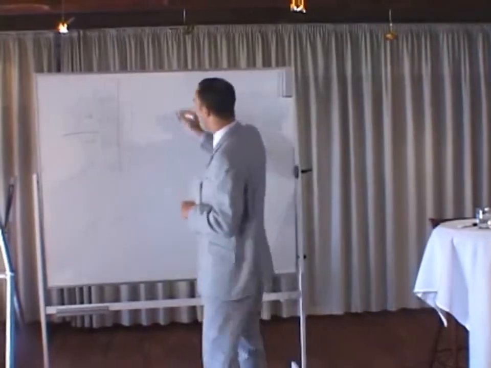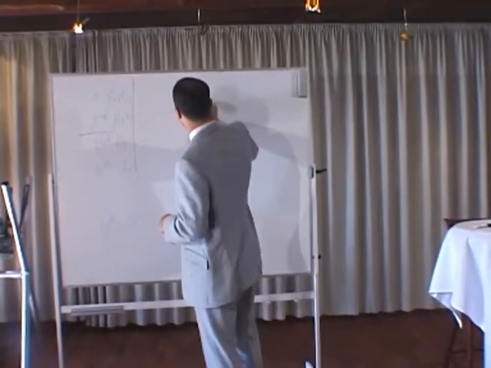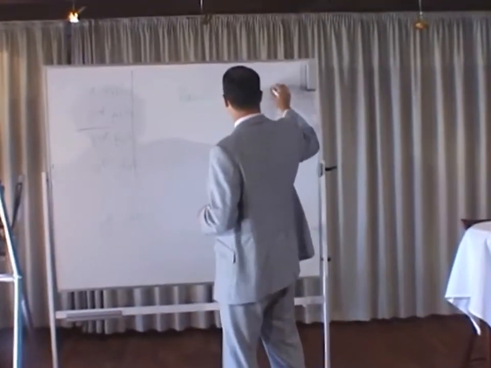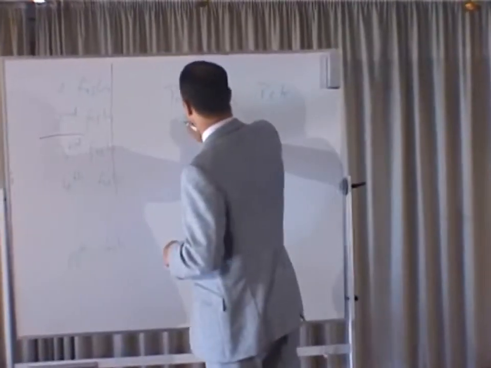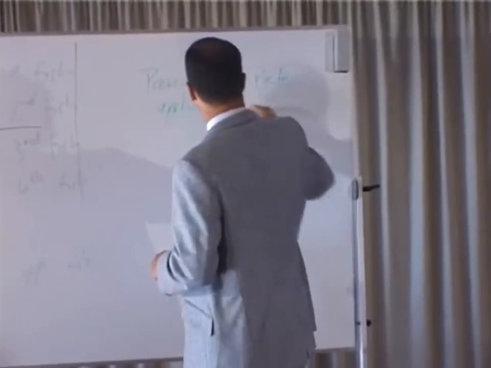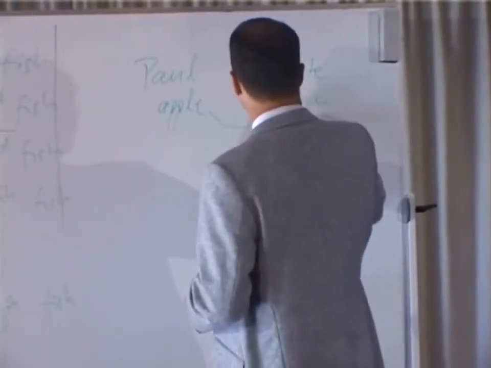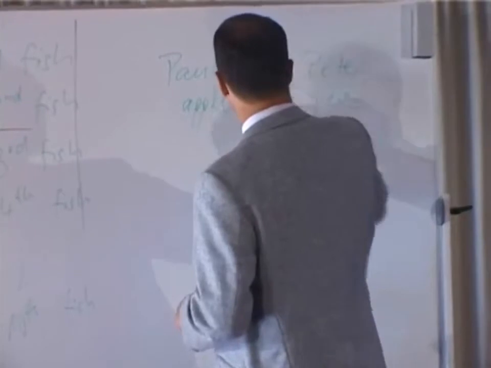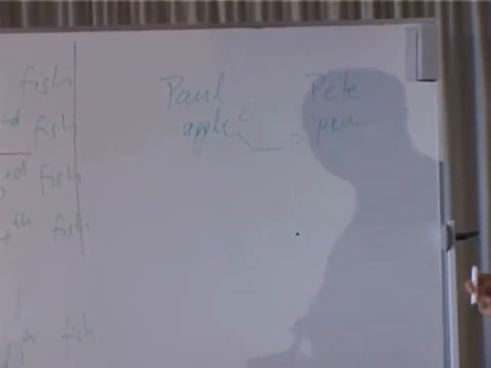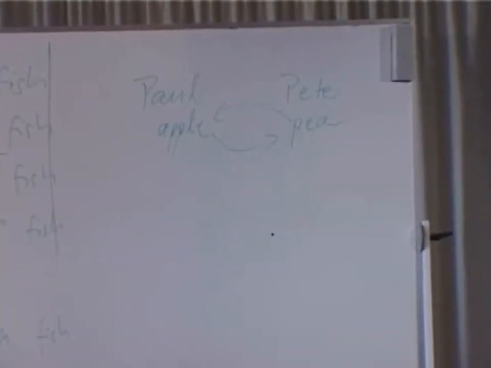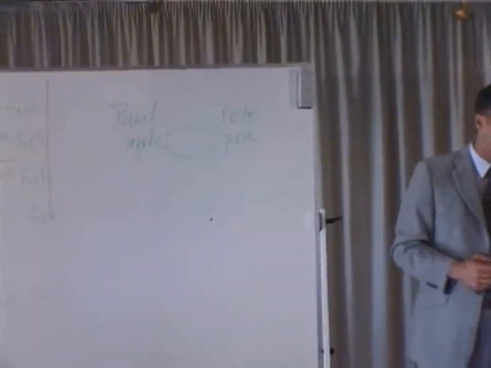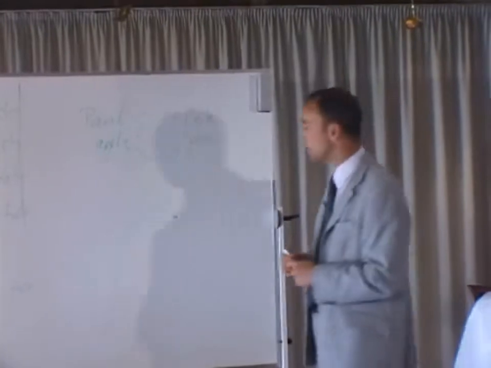Let's return to our example that before we had Paul and Peter and the apple-pear exchange. So we observe Paul is giving his apple to Peter, and Peter is giving his pear to Paul. What is taking place here, and how far does our value theory help us account for this observation?